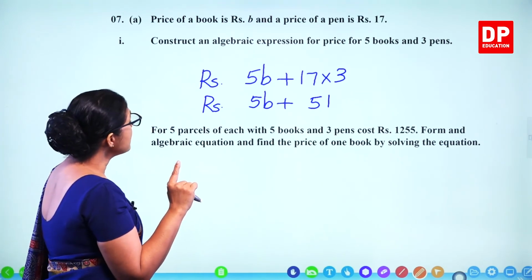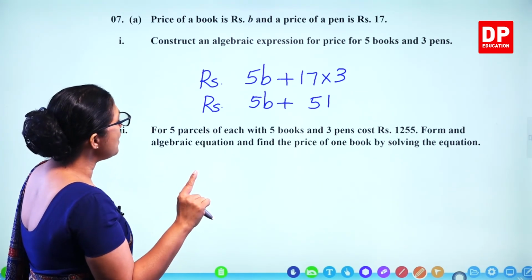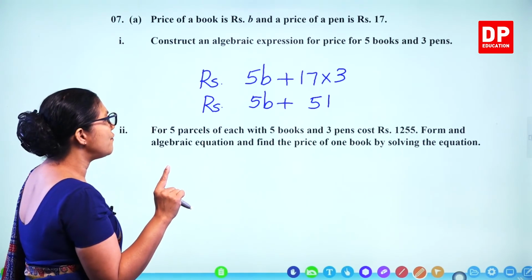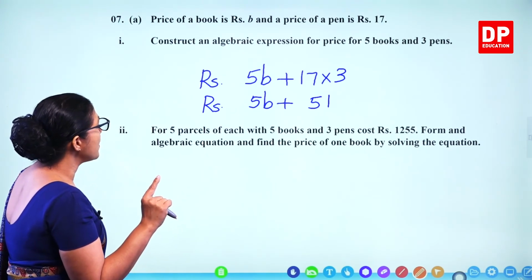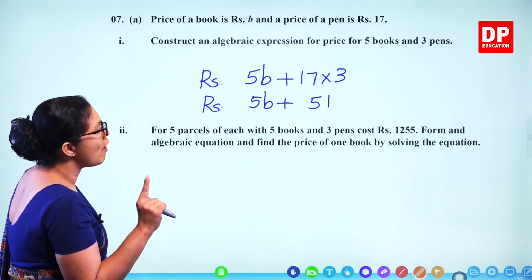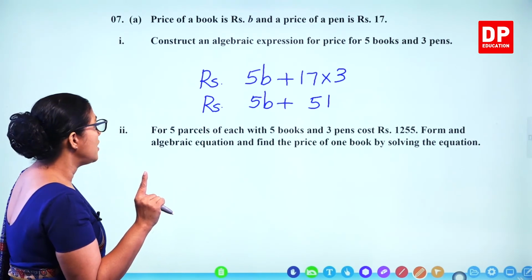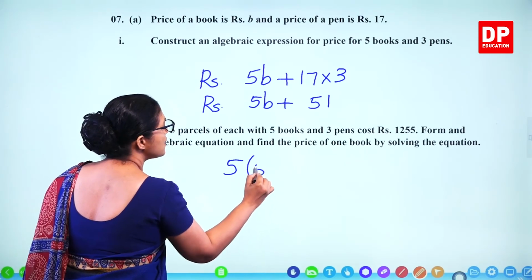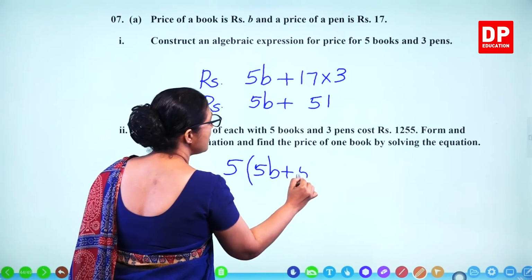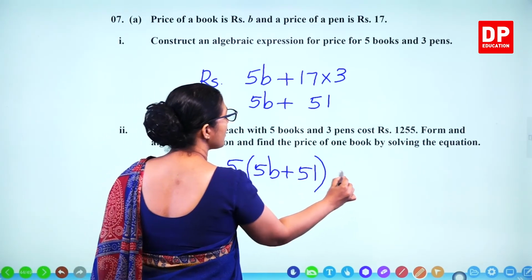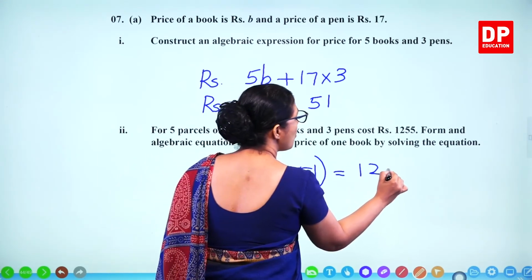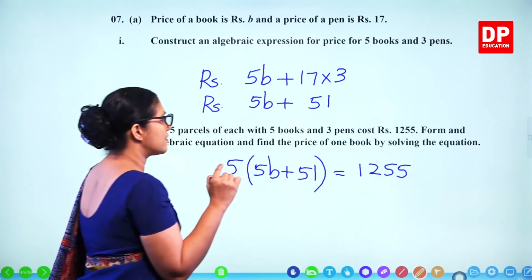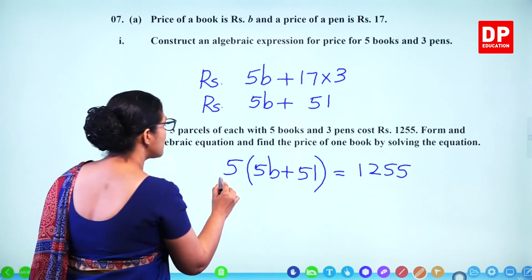5 parcels, each with 5 books and 3 pens, cost 1255. Form an algebraic equation and find the price of 1 book by solving the equation. So 5 parcels like that. So 5 times the cost for 1 parcel is 1255. That's the total. Divide both sides by 5.